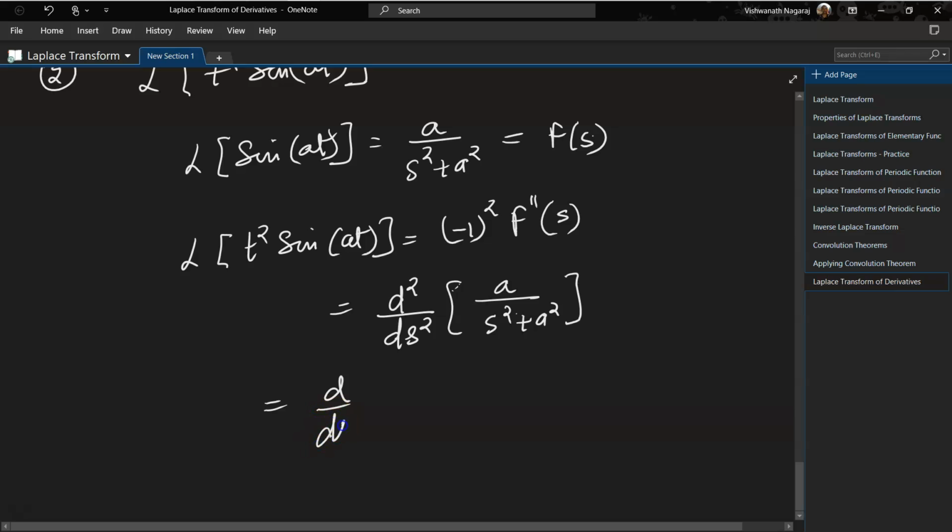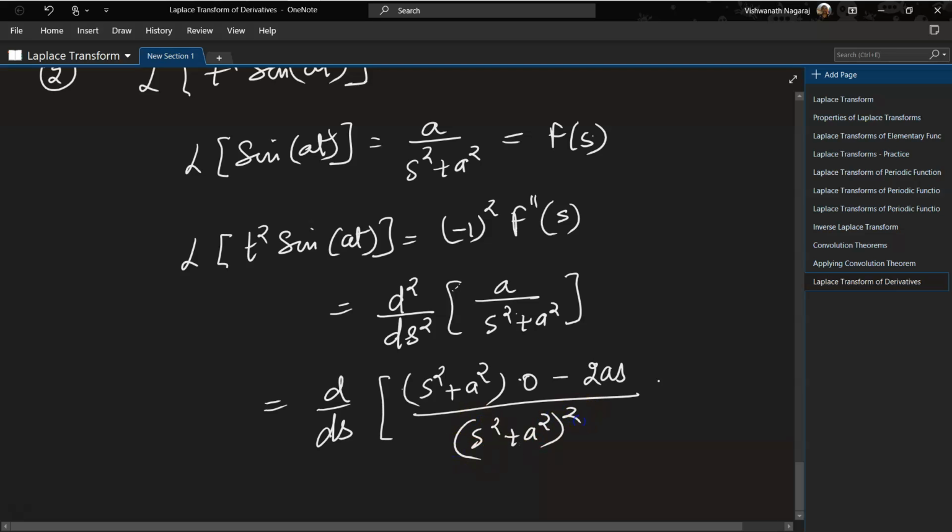So d by ds, first differentiation, gives us what? Denominator as it is, s square plus a square times 0, differentiating the numerator, minus 2as by s square plus a square the whole square.